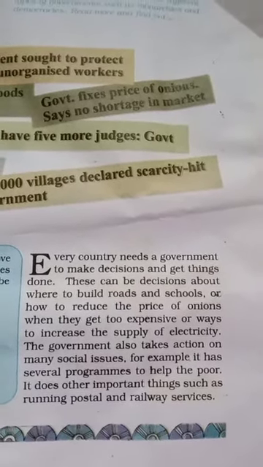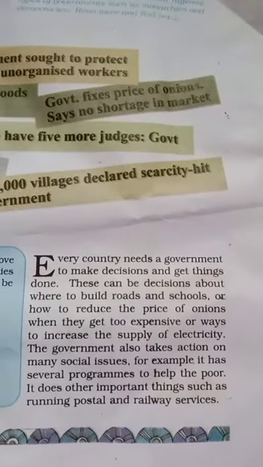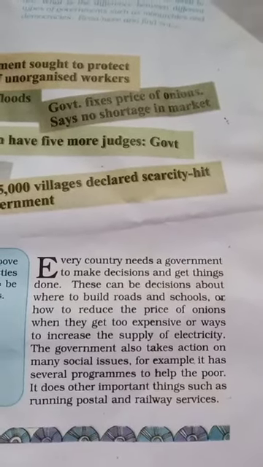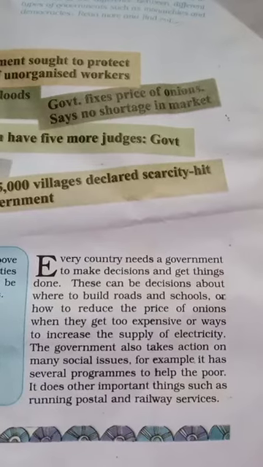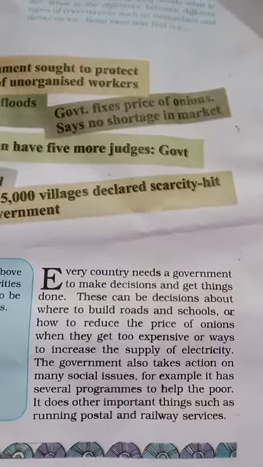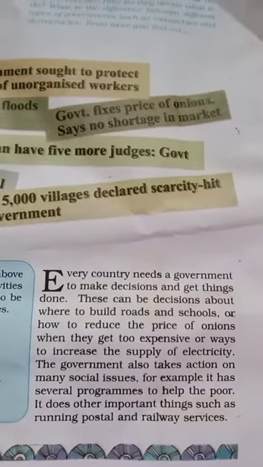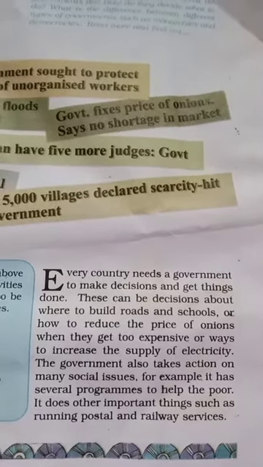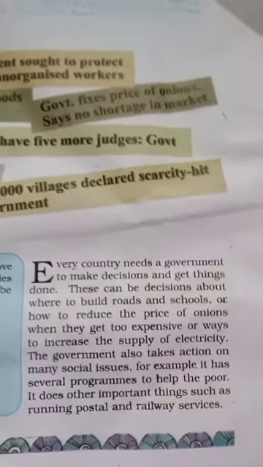This is also the duty of the government, and to take actions on many social issues, for example, programs to help the poor people. Important things such as running postal and railway services are under the control of the government.